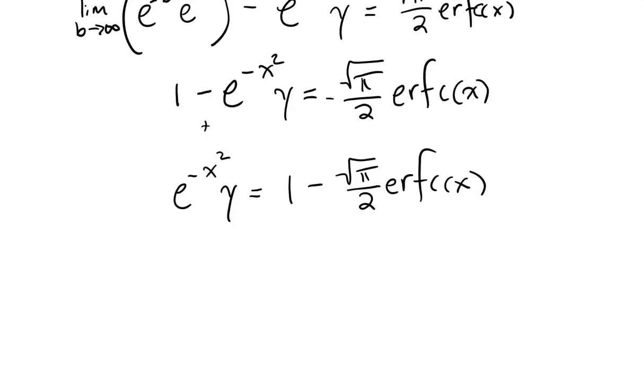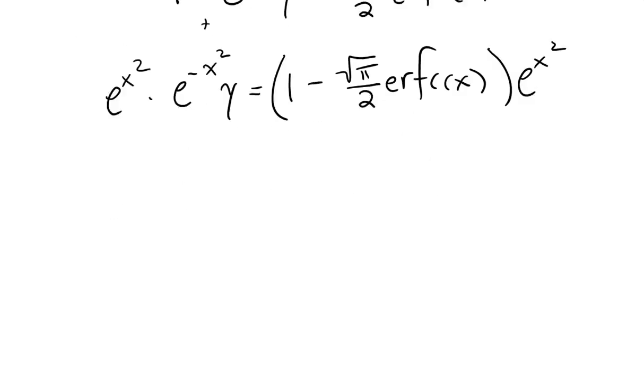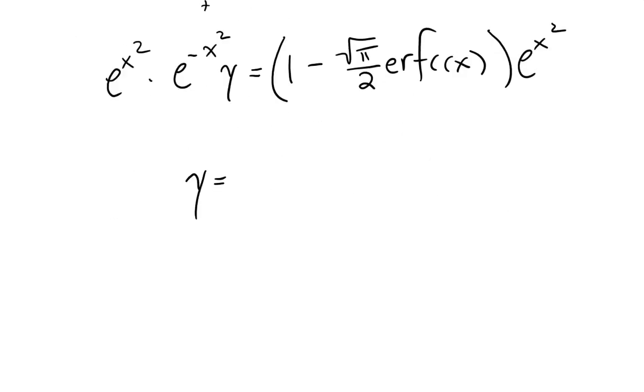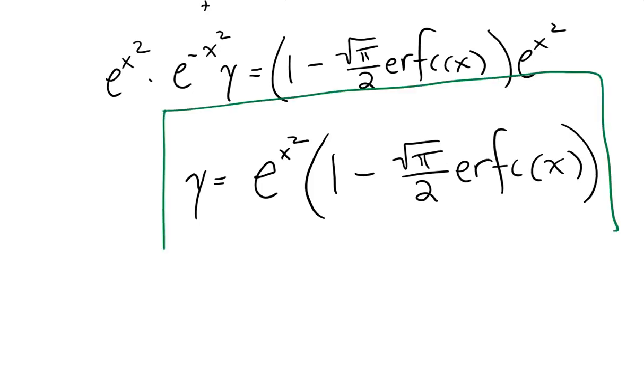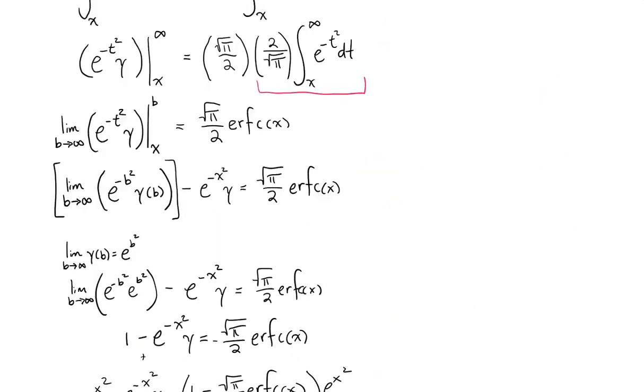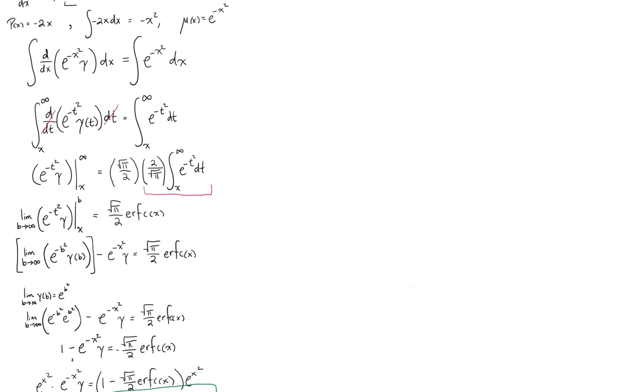Now multiplying both sides by e to the x squared, we get y is equal to e to the x squared times 1 minus the square root of pi over 2 times the complementary error function of x. And that is the solution to our differential equation with the condition that we included.